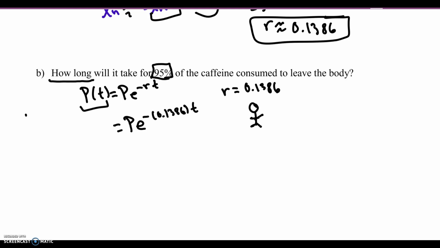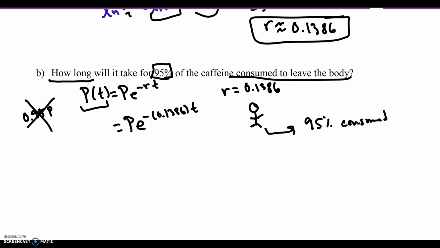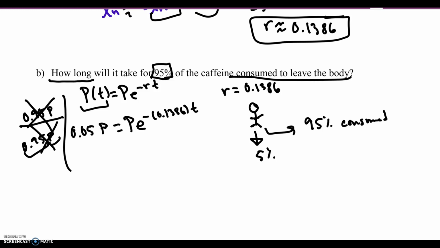Many of you may think I should just do 0.95 times P. Well, that is not quite the answer, because 95% of it has already been consumed. 0.95 times P would mean I have 95% of the initial, and that's not what I have. I only have 5% of it left. So this shouldn't be 0.95, it should be 0.05 of the initial. So there's a difference there.